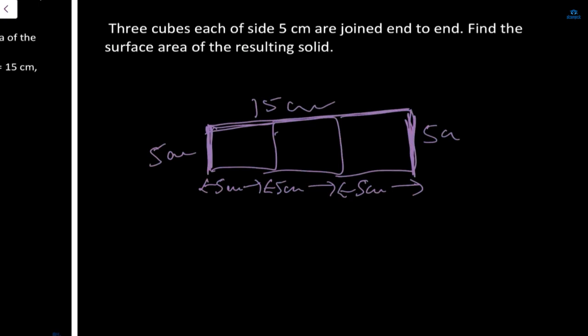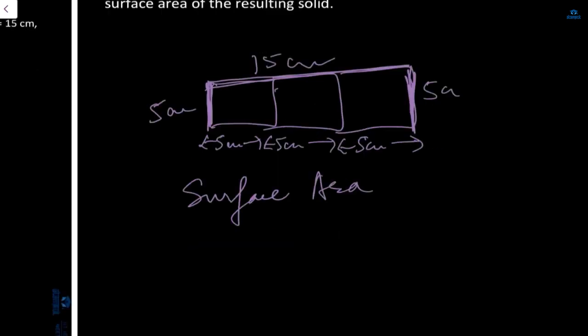So if you do it this way, surface area will be 2 into (LB plus BH plus HL). Length will become 15, breadth is 5 and height is 5.